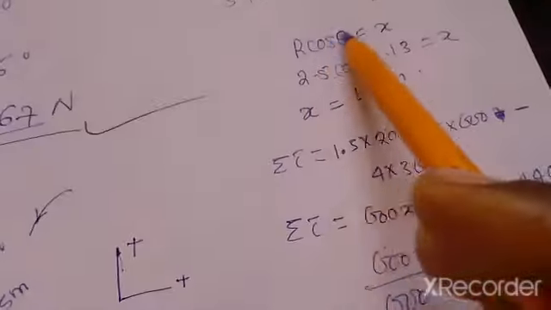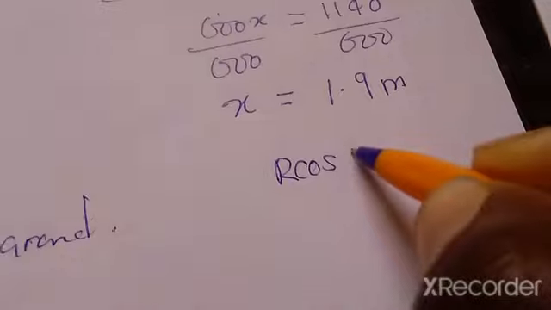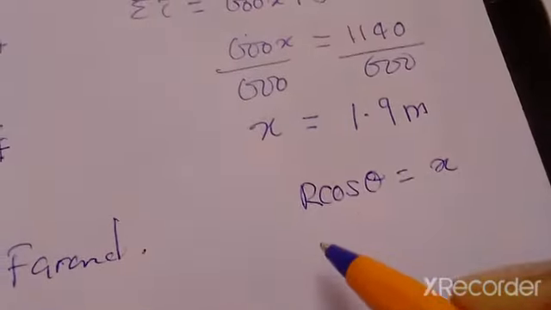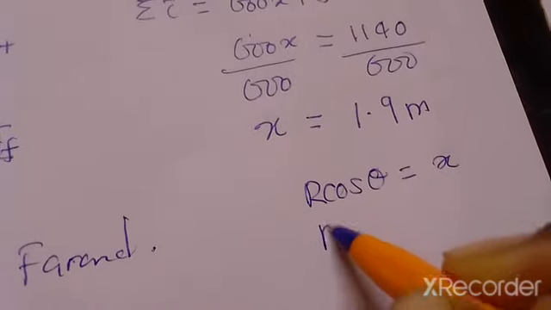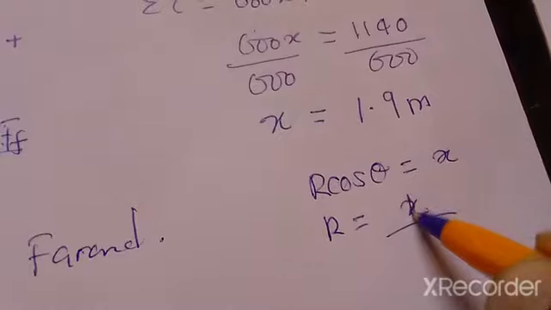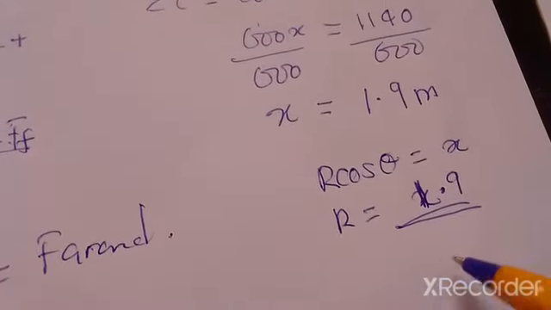So we have got x. If we use the same formula that we used here, where r cos theta is equal to x, we are looking for r. So r will be equal to x divided by cos 53.13, where x was found as 1.9.